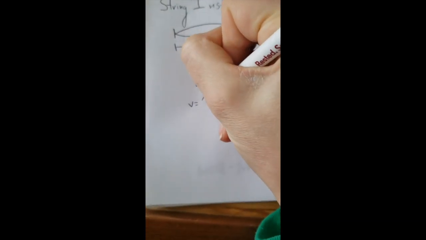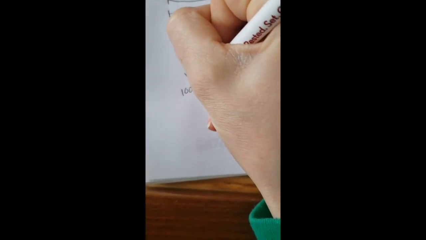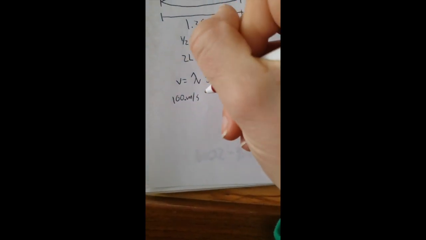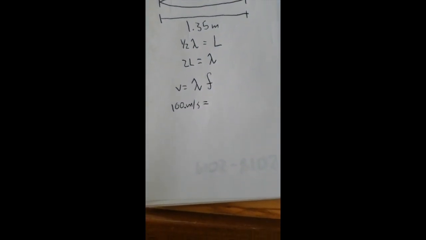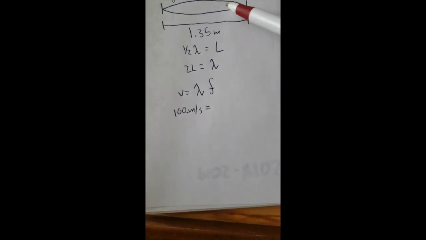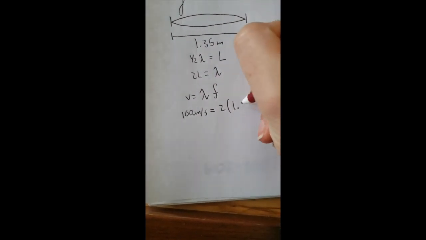V equals lambda F. 100 meters per second, that's with 2 sig figs, is equal to the wavelength. This we have because we know that there's half a wavelength, so 2 times the length of the string.